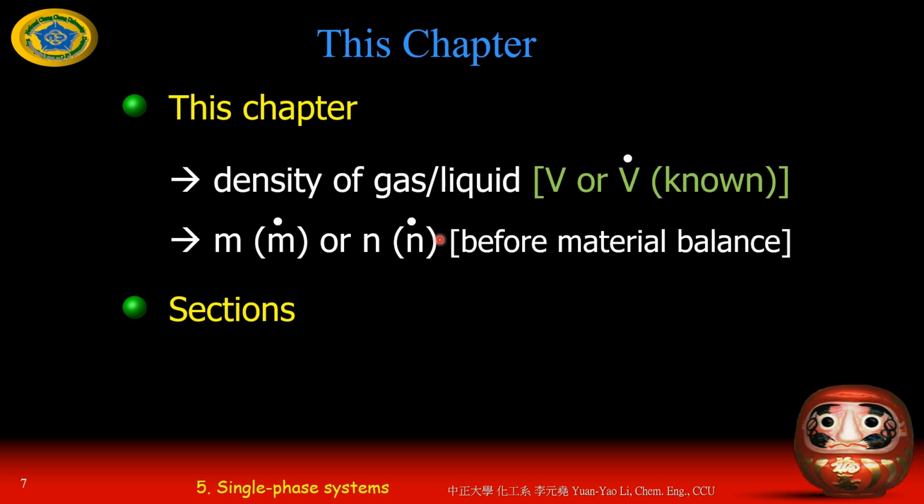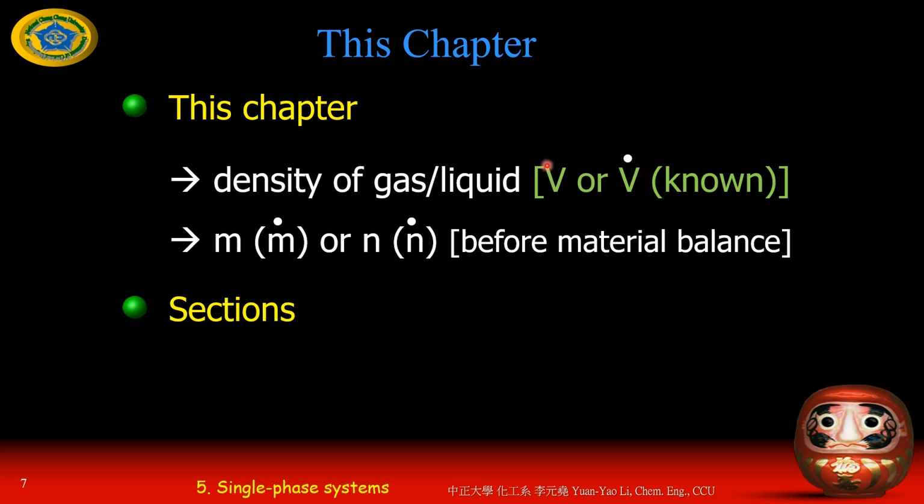So in this chapter, we're only dealing with density. Very easy. Density of gas, density of liquid, or density of solid. When we do the mass balance, input equals output, so we are dealing with mass or moles.